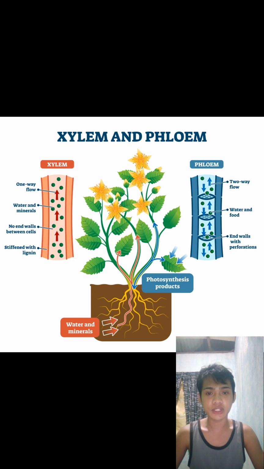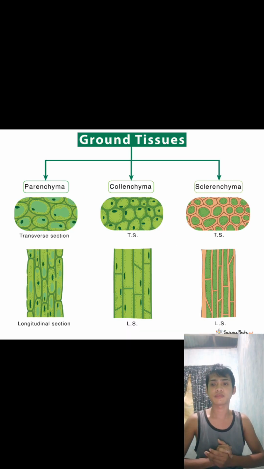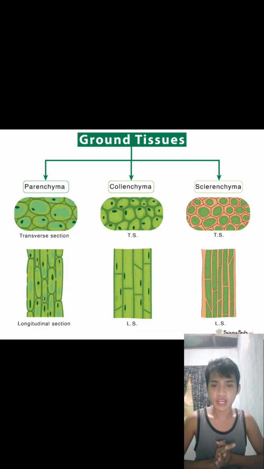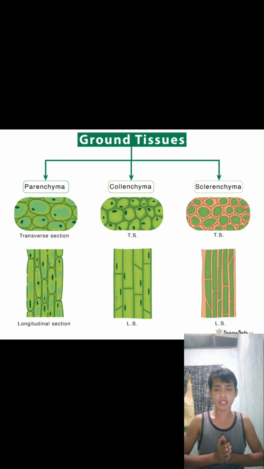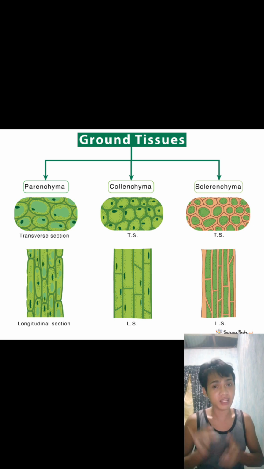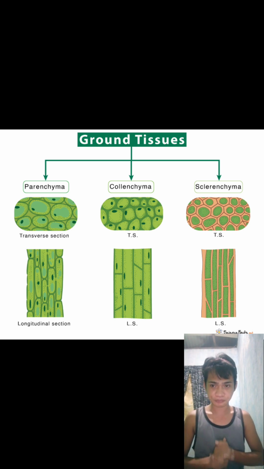Look at the image that's on the screen. You can see the xylem and phloem working together to transport water and nutrients. Finally, we have the ground tissue. These tissues make up the bulk of the plant and perform various functions like photosynthesis, storage, and support.